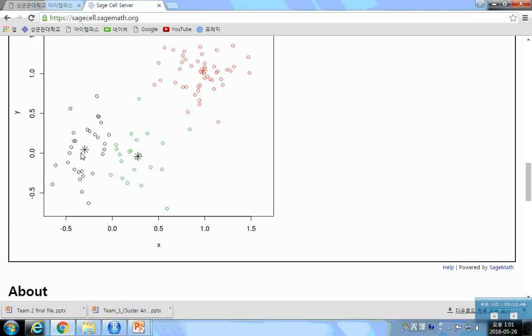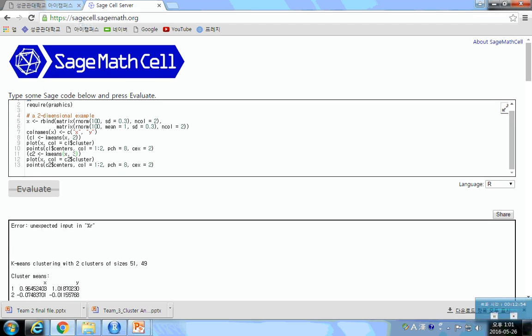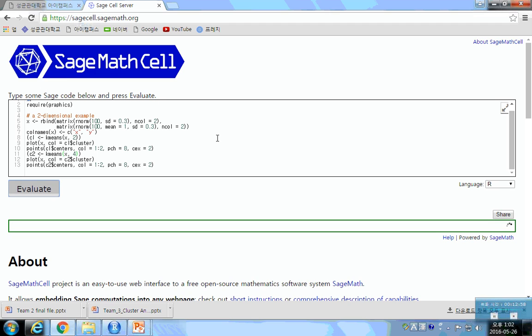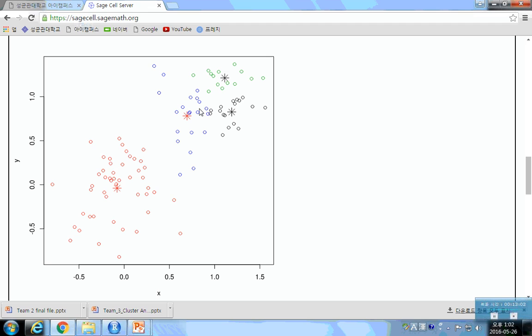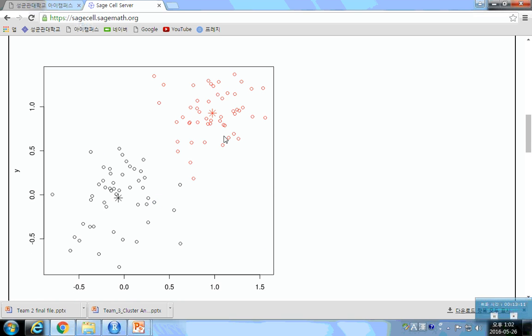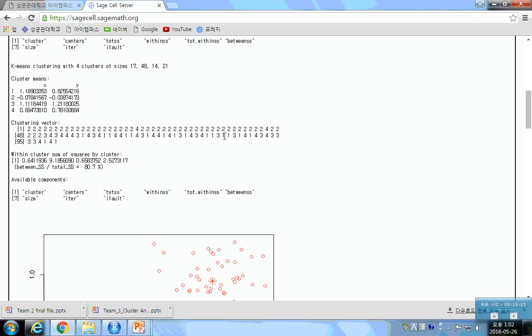Here are the 3 centers. What if you try 4? Maybe also some problems. We just change the value to 4, then you will see 4 centers, 4 different colors: green, blue, black, red. So with easy coding, you can easily find as many centers as you want.